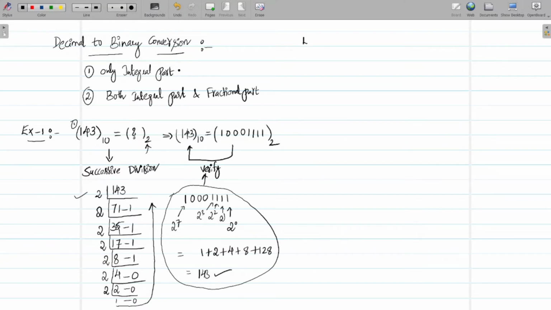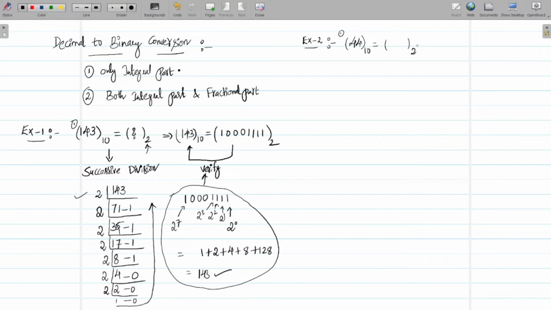Let us see one more question which comes under the first model. Example 2. It is 44. So this is the decimal number 44, and it comes under the first model because it contains only an integral part. You need to convert this into binary.